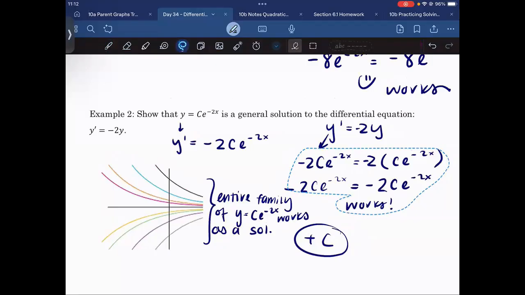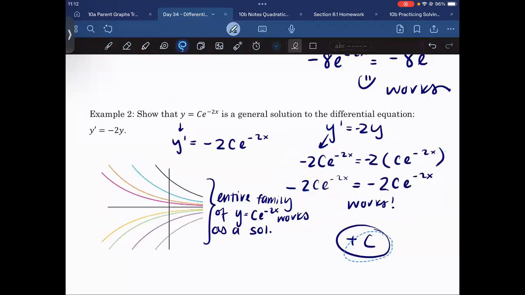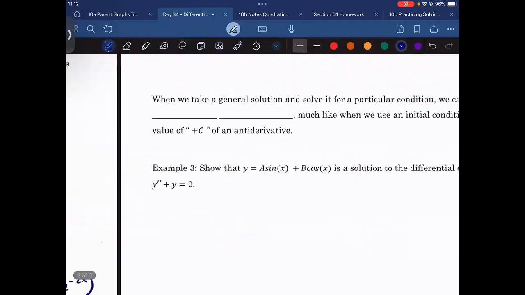Let me put it up here just a smidgen so I don't run out of room. We have the plus C, so we have the entire family for this one. Obviously we have a C because it can be any constant, and it is going to satisfy this general solution. So whatever that C value is, if it is negative 1,000,000 or 2 or 8, it will be satisfactory in our differential equation.